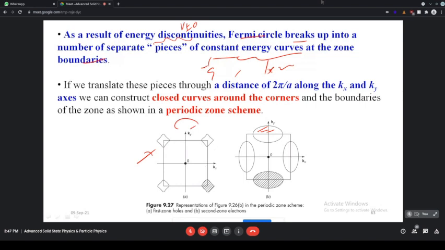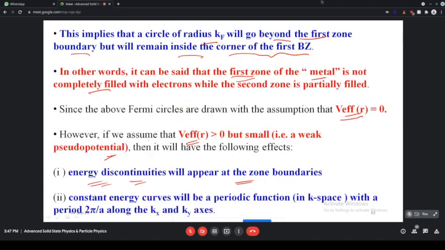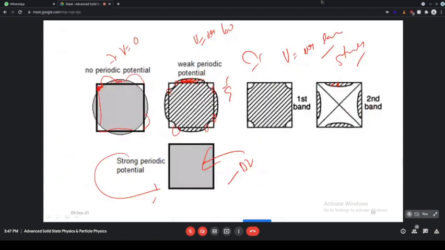Now, can anybody tell me is this empty or is this a filled level? Suppose this is the empty level.